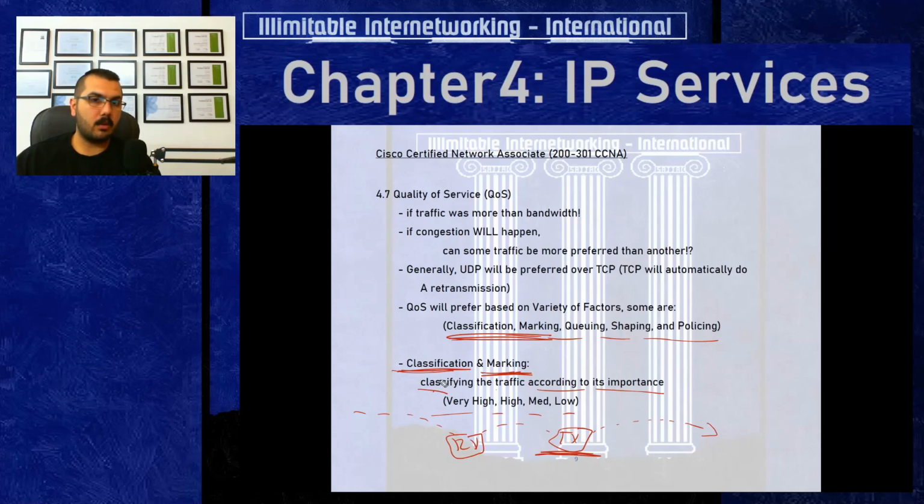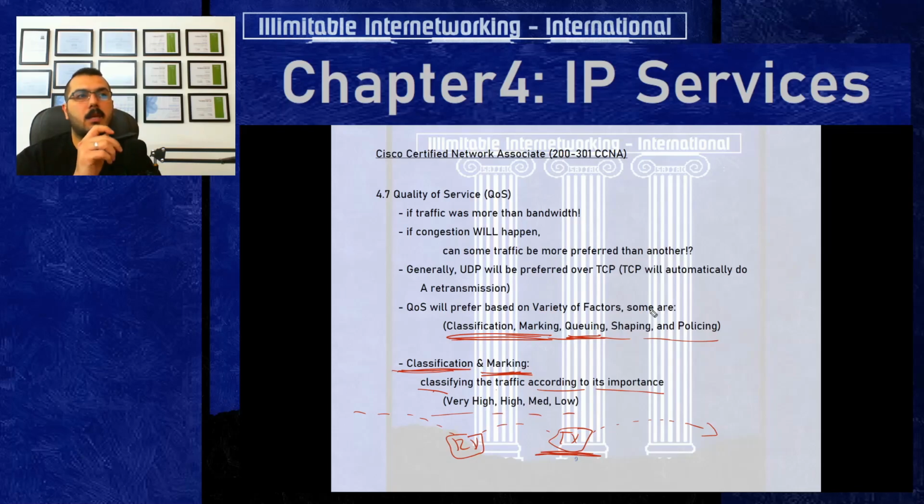So classifying and marking in the CCNP, you will do it by yourself. You will configure it manually based upon the traffic that you have. So classifying and marking is, let me take this type of traffic and assign it a level. You'll see that in queuing, or maybe in the upcoming slide. I will make UDP, which is for voice and video, very high, because I want nothing else to be transmitted before UDP.